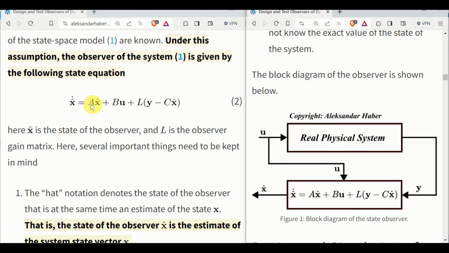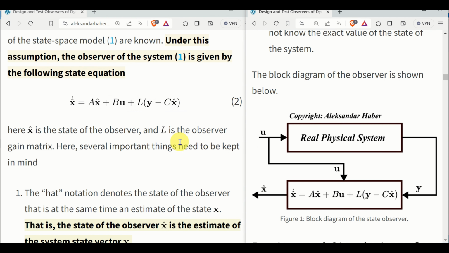The observer has two inputs, u and y. u is the control input of the system and y is the output of the system. Again, the inputs of the observer are input u and the output y.